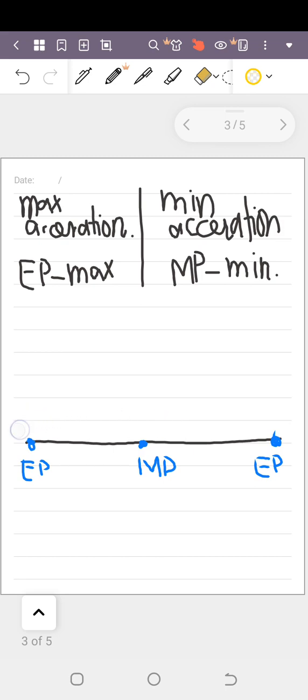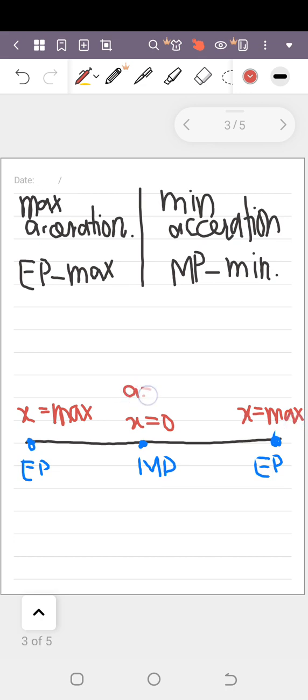At the extreme position the displacement is maximum. At the mean position the displacement is zero. Same at the other extreme position the displacement is maximum. If I talk about acceleration, at the mean position the acceleration is zero, as we have learned right now.